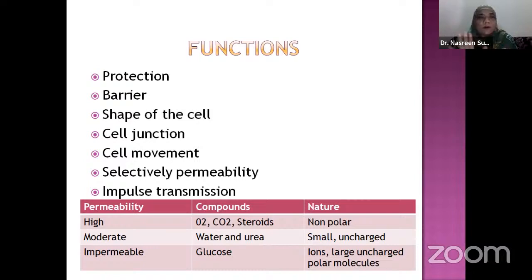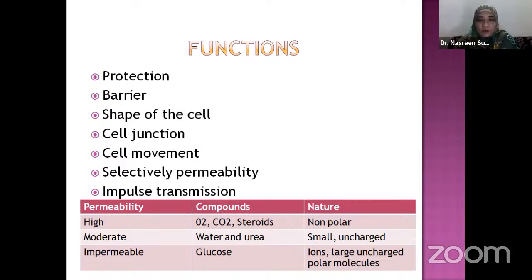For example, you want to join a top college. Will the top college allow every student to come? No, right? It will select the students based on their merit. In the same way, here also our cell will select some compounds to enter. The topper students will definitely enter into the cell, right?